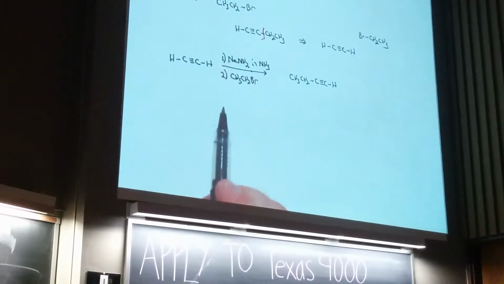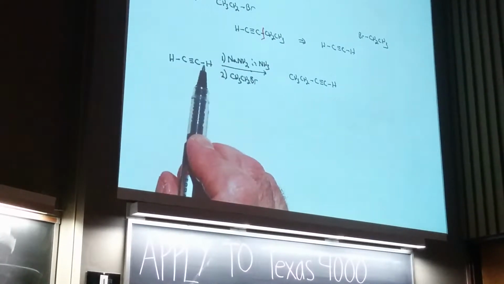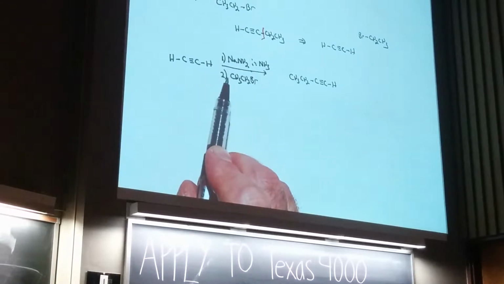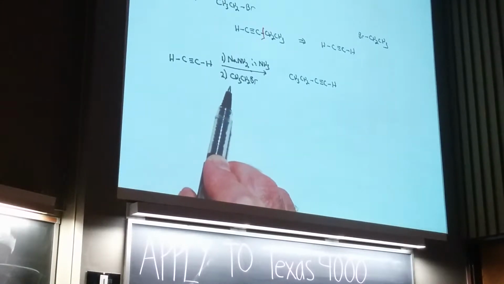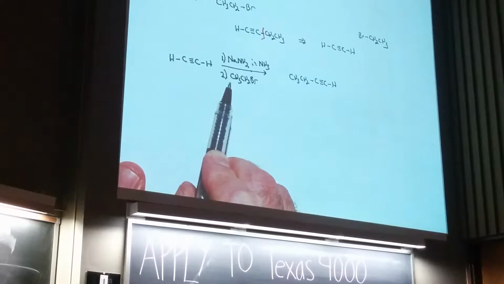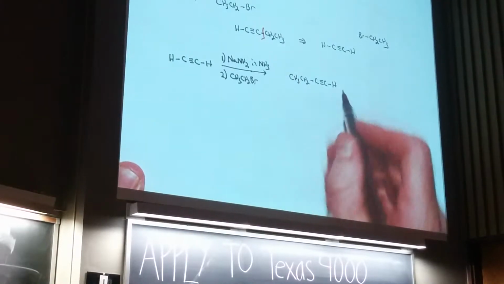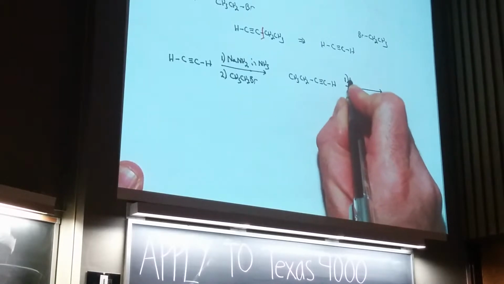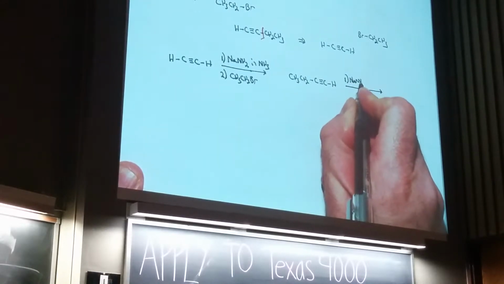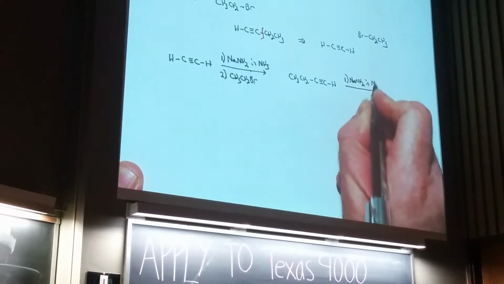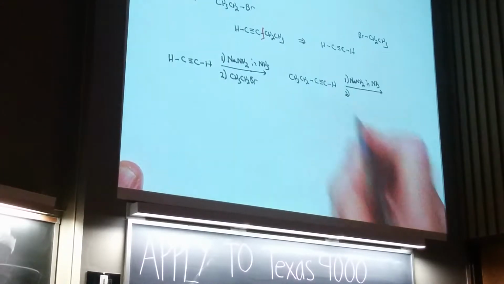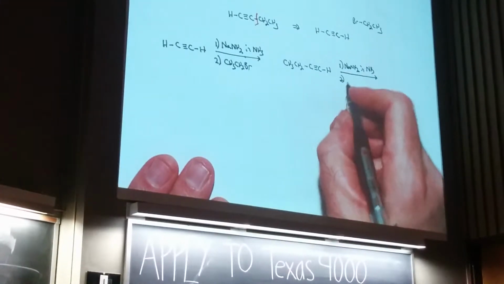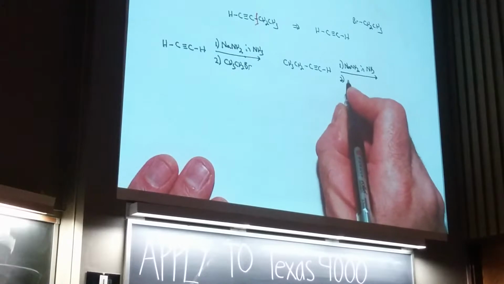So this is one of those two-stage processes. First you deprotonate the alkyne, then in a separate step you add in the alkyl bromide. And that gets us our first new carbon-carbon bond. Then we've got to repeat. You can't pull off both of the protons. It's not reasonable to do that.